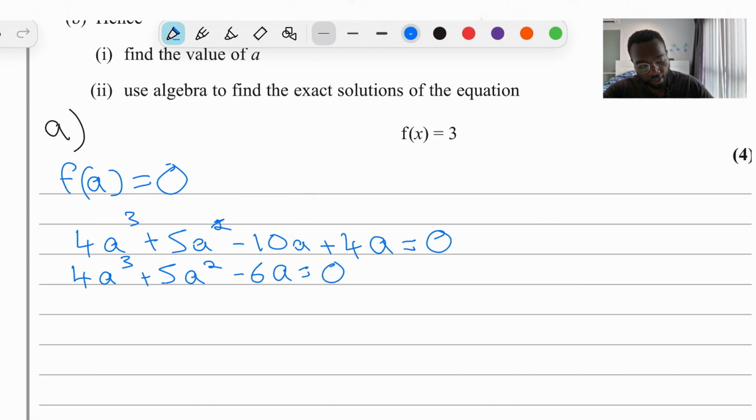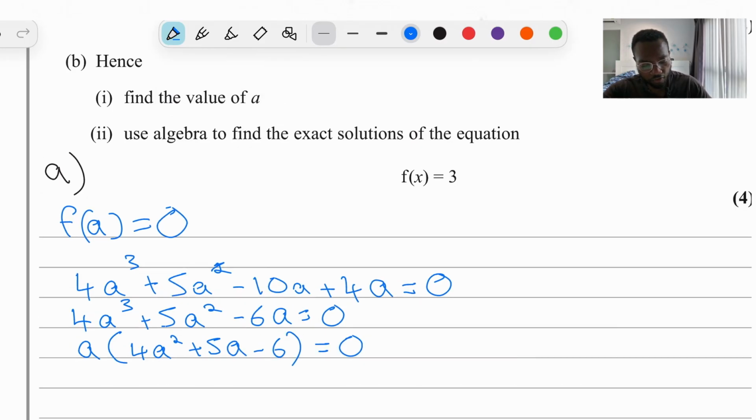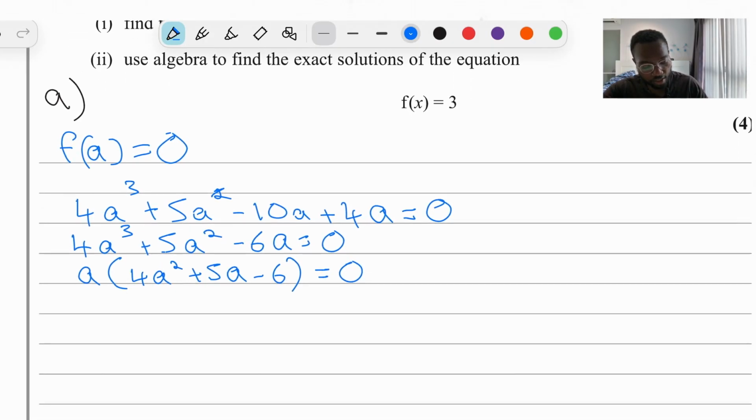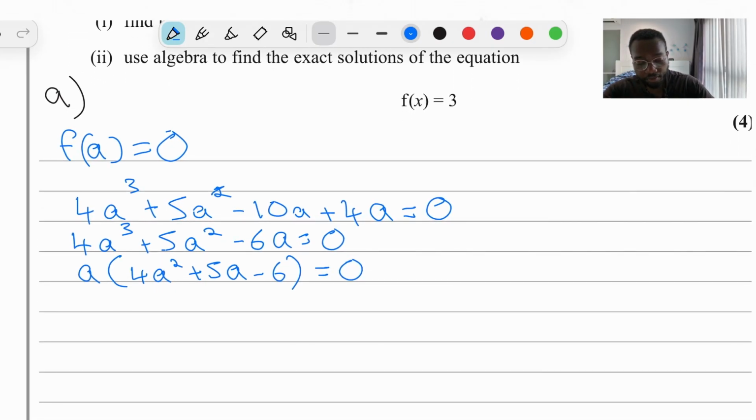We can take out a factor of a, so we have a, then in brackets 4a squared plus 5a minus 6 is equal to 0. Was that the form they want it in? Yes, that was the form they want it in. So yep, that is part a done.